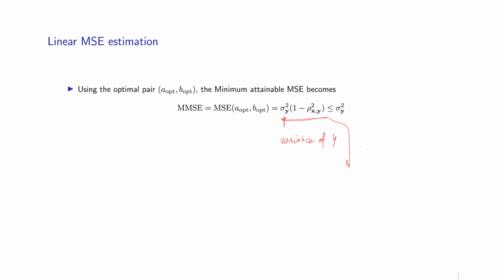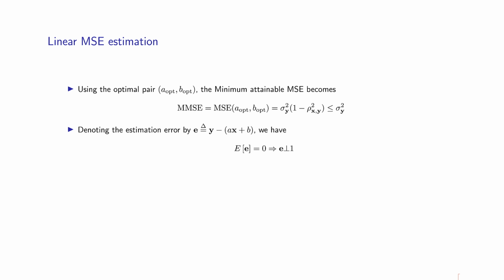This is the conditional variance of y when you do the optimal estimator. And you see that the variance is decreasing because rho is absolutely smaller than 1.